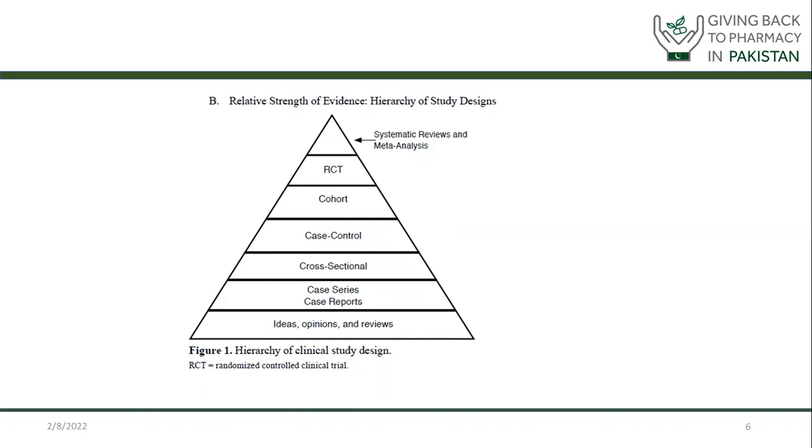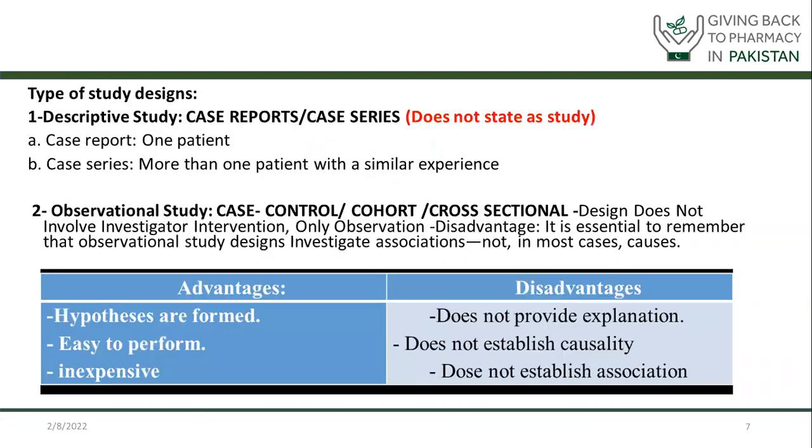So first we will study, obviously not the ideas, we'll start with the case series and case report. So what happens in a case report? For example, if one of our patients in a hospital gets a rare disease or a rare adverse effect from one medicine, we will report it. We will write it on paper and submit it.